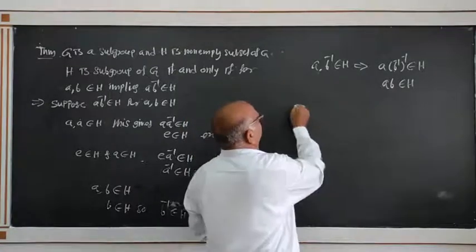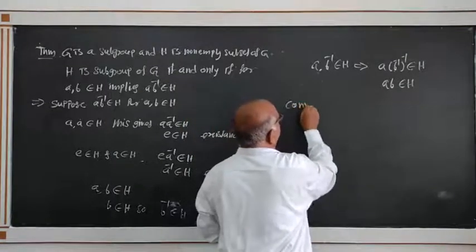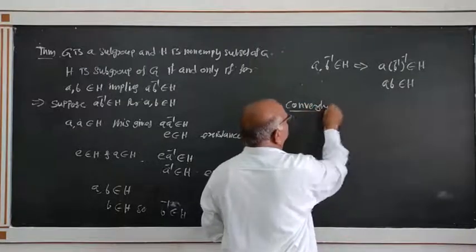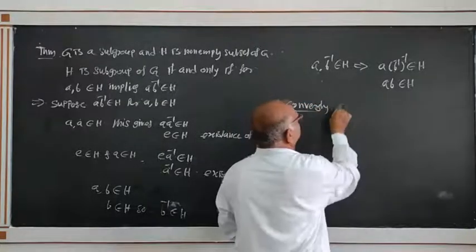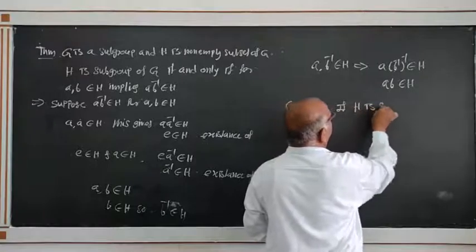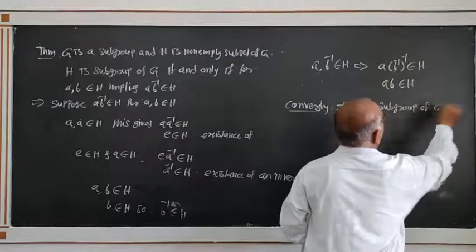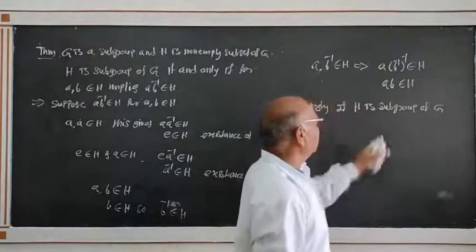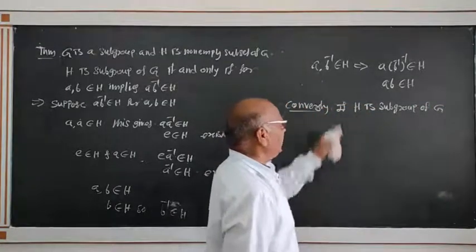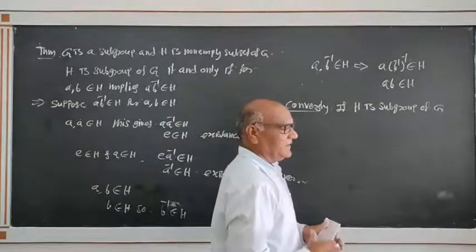Now conversely, if H is a subgroup of G, then all axioms are satisfied.